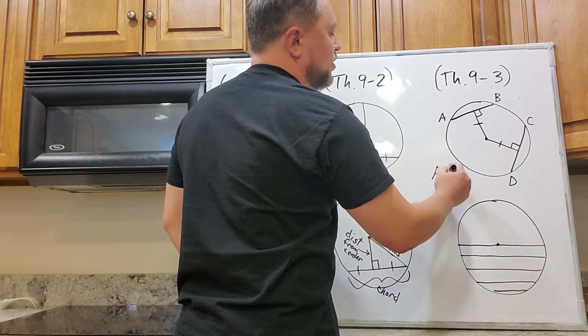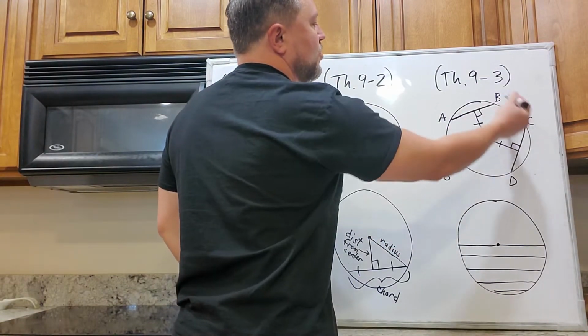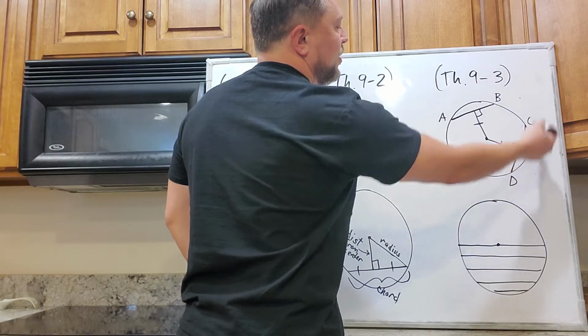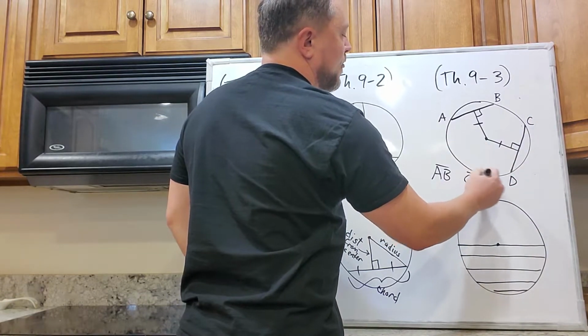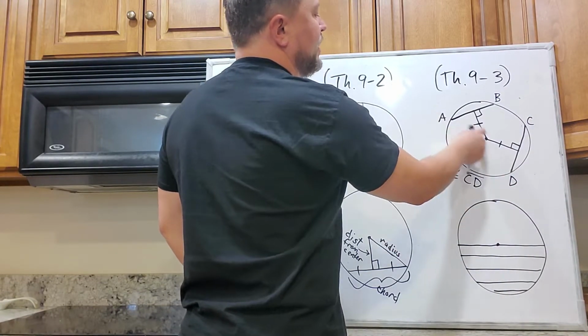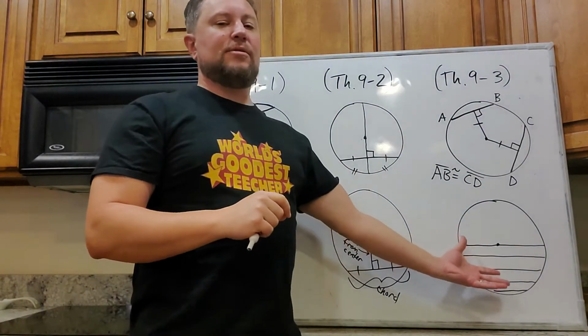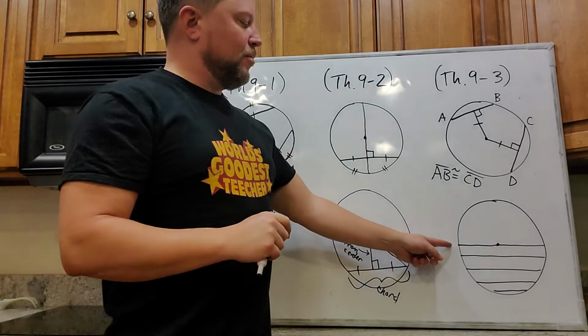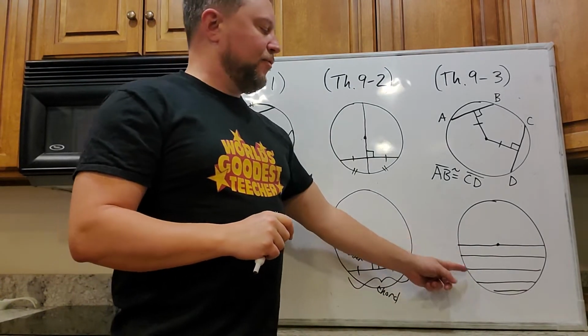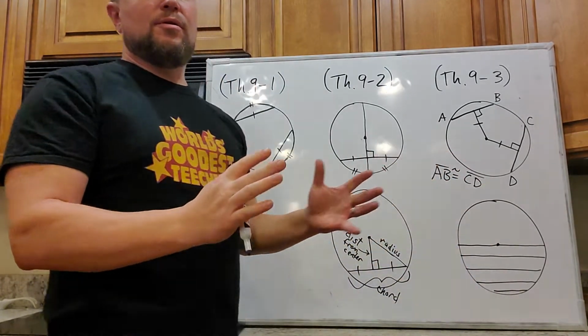So in this picture, AB, that full chord, would match this full chord, CD, but only if they are the same distance from the center. Okay, and it makes sense when you think about it like that, where a diameter is the longest, and the further away you get from the center, the shorter the chord gets.